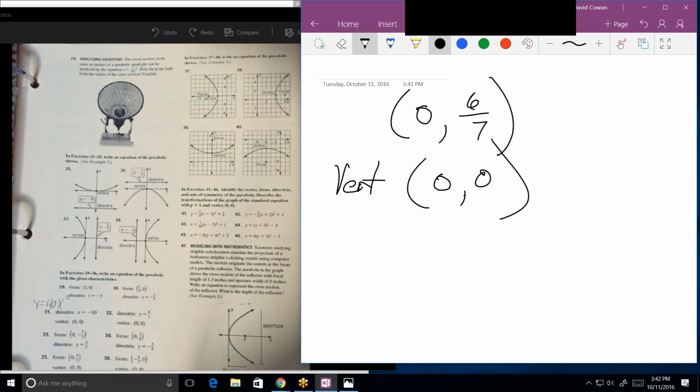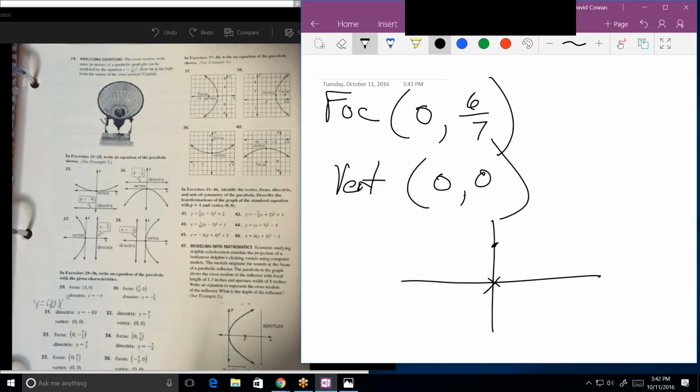And that's all the information they give us? Yep. Okay, so first of all, the focus is at (0, 6/7). The vertex is there.